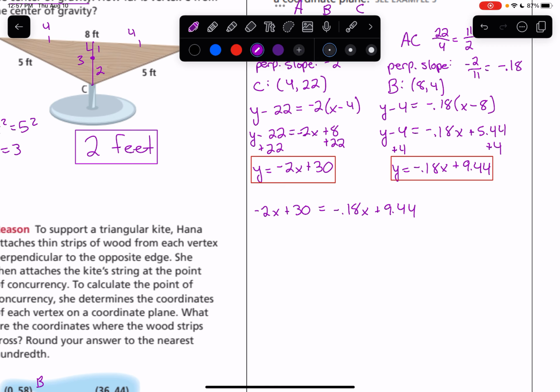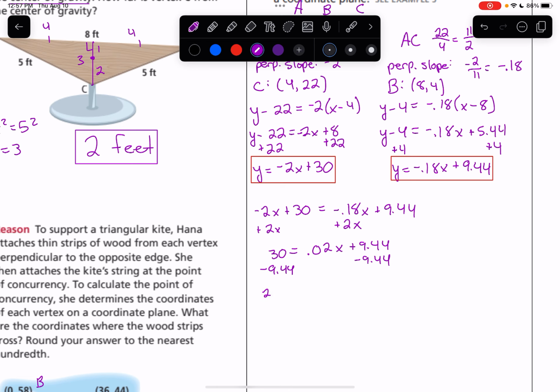So let's add 2x to each side. Gives me 30 equals 0.02x plus 9.44. Subtract 9.44 from each side.